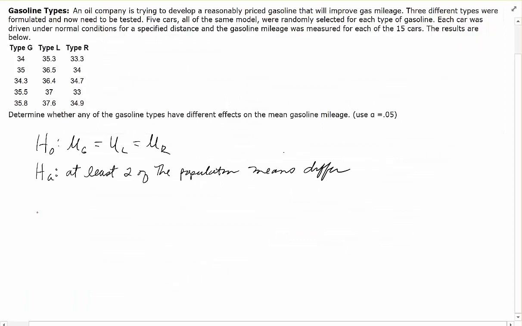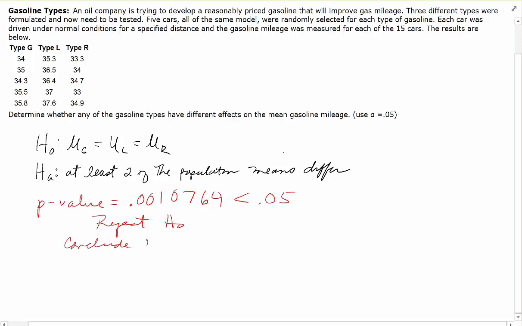So I have the p-value equal to 0.00106764, which is less than 0.05. Reject H sub 0. Conclude that at least 2 of the population means are different.